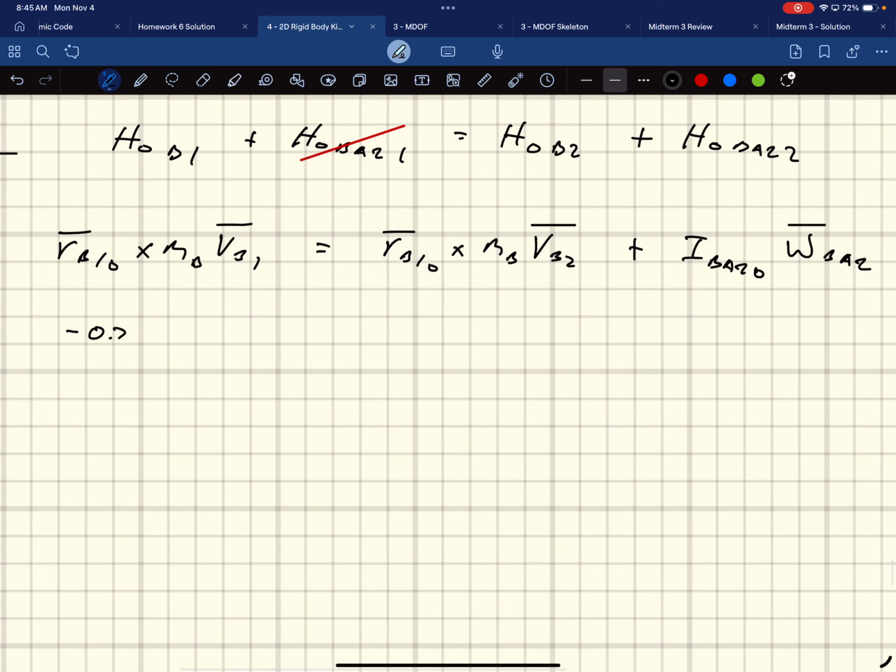Negative 0.75 in the j. That is our r_B seen from O, crossed with the mass of the bullet, 0.004, times its velocity, 400. It has a direction associated with it, which is cosine 30 in the i minus sine 30 in the j, right?